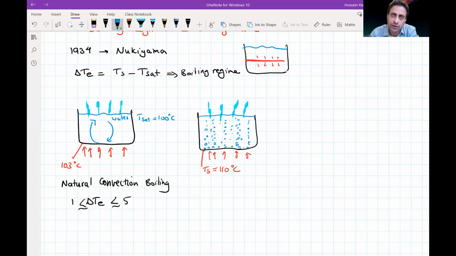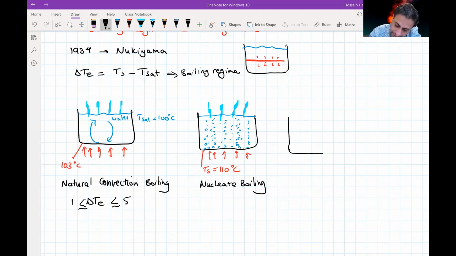This is what we call nucleate boiling, and I will talk about its characteristics in a second.